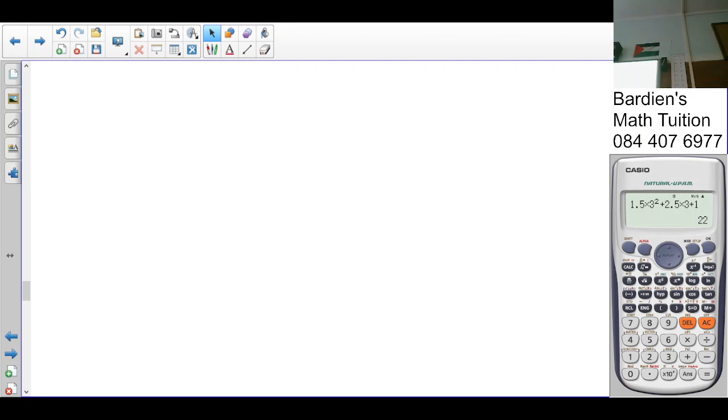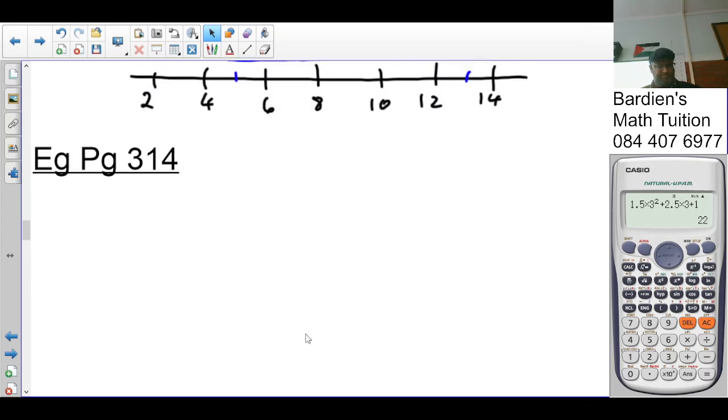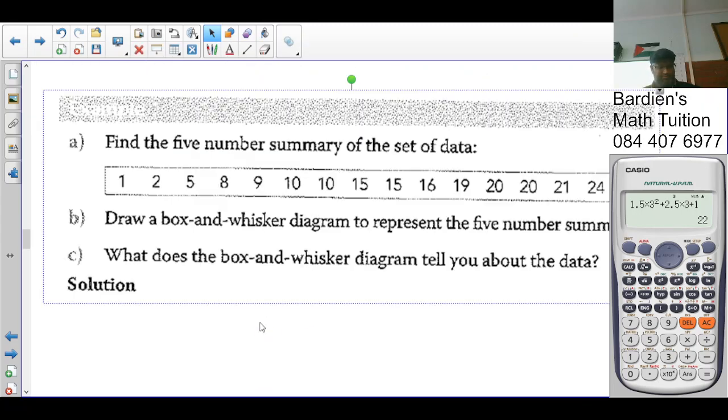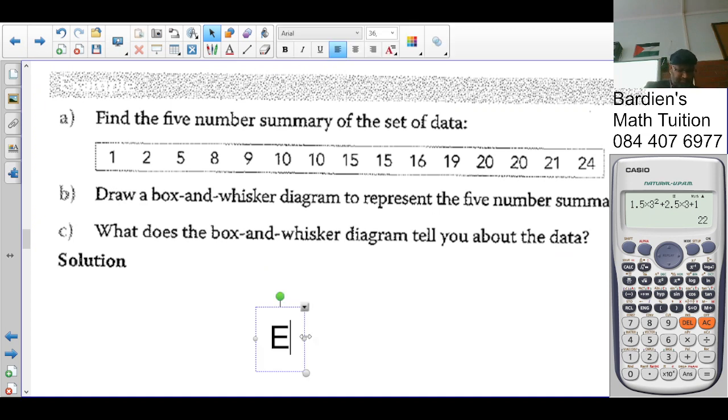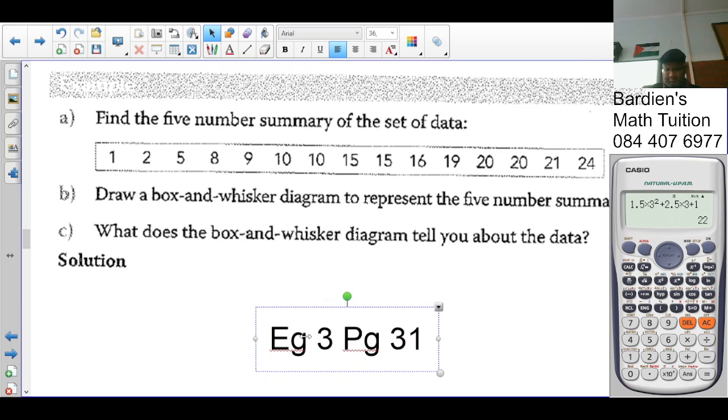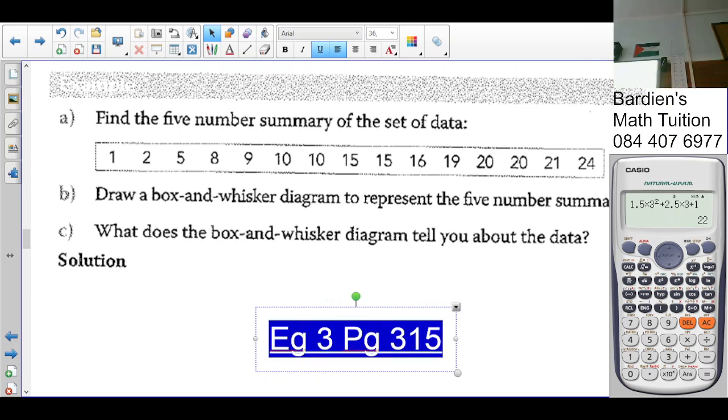Right, so we're looking at example 3, on page 315.